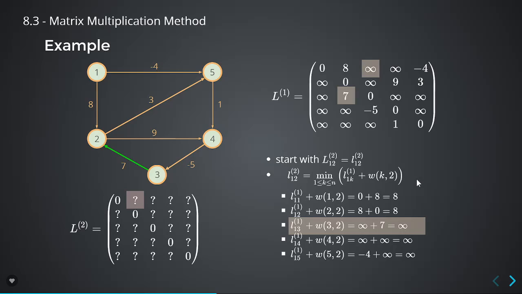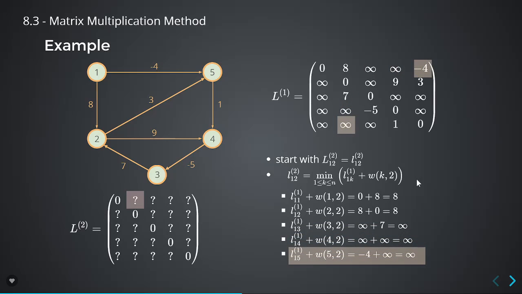I try 1, 2, 2. I try 1, 3, 2. I try 1, 4, 2. I try 1, 5, 2. And I worked out what is the shortest path for all of them. And then, how do I work out the shortest path? I just take the minimum, which is going to be 8. So hopefully you can see now why this is a brute force approach, because you're actually trying every combination, right?